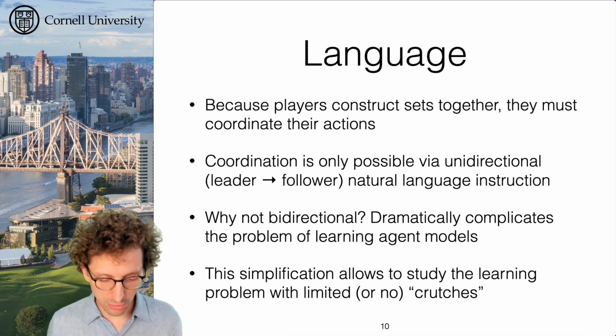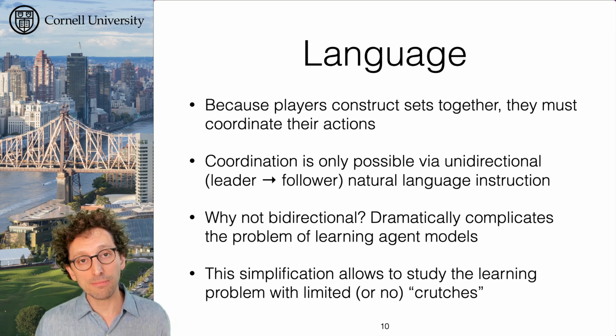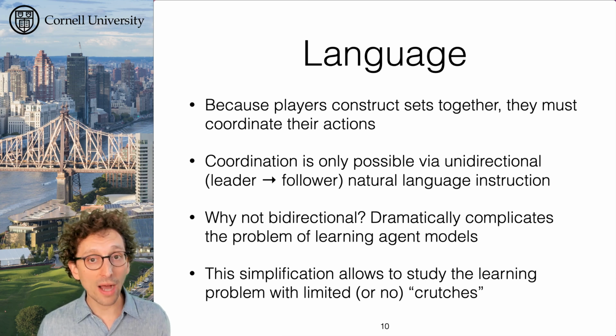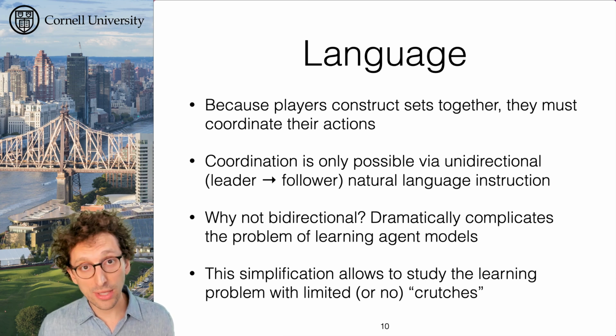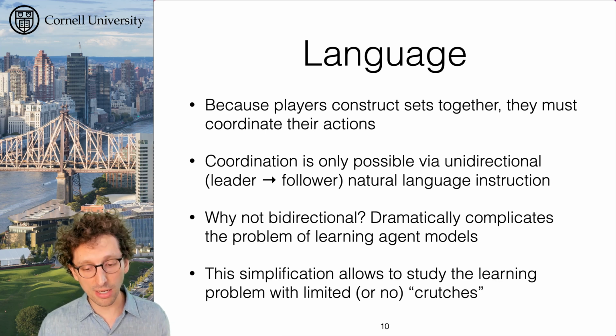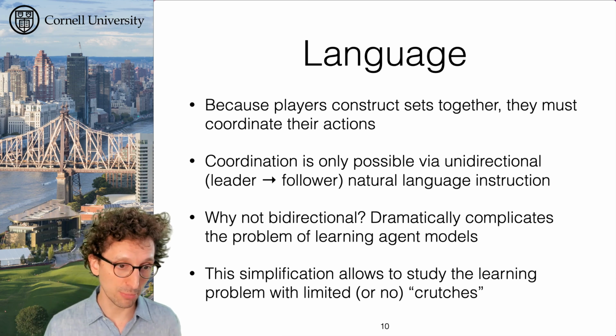Usually, addressing the problems that bidirectional dialogue systems create requires relatively sophisticated machinery and a lot of engineering, whereas the focus of CerealBar is to allow you to study core machine learning problems and language understanding problems.